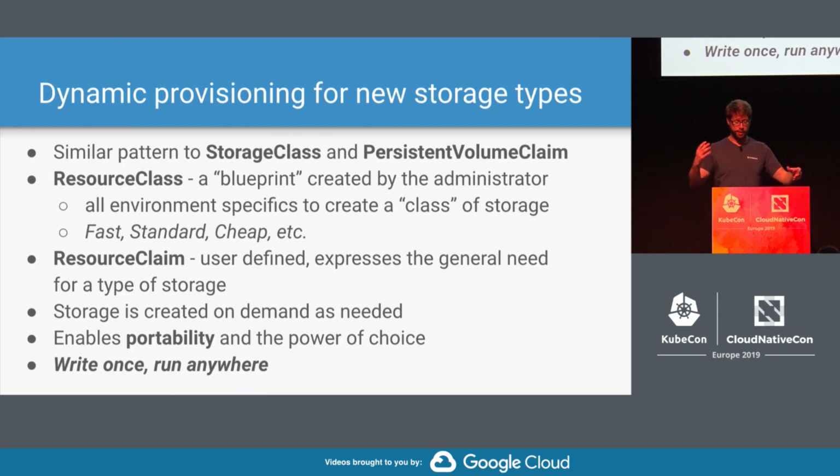And so through these classes and claims, just like storage classes and persistent volume claims, we can start doing that on demand, not at design time or compile time, but on demand at deployment time, your applications can get those resources that they need fulfilled. And now this is what I think really does enable portability across the different cloud environments and on premises. It gives us the power of choice. And this whole mantra of write once and run anywhere can really start becoming true, I think.